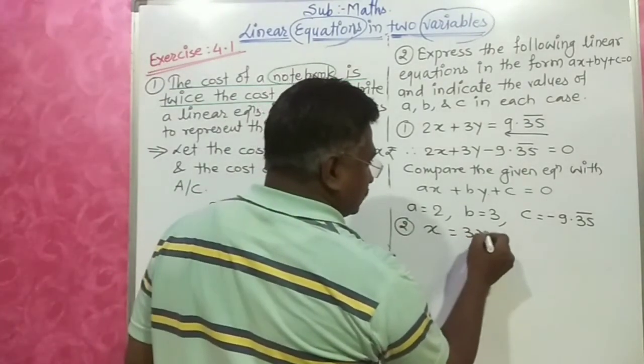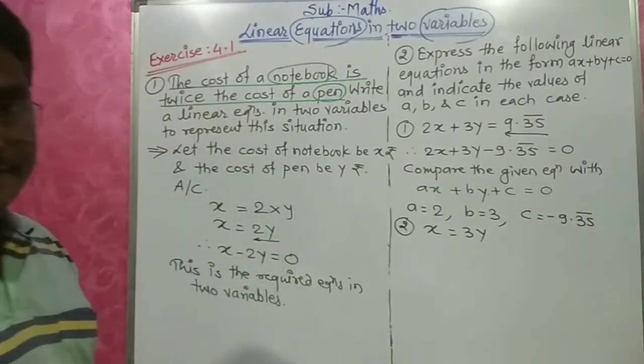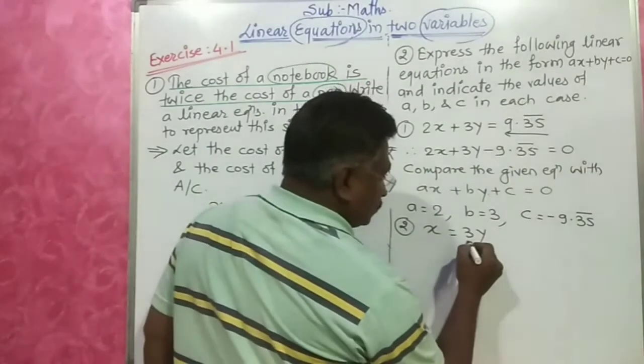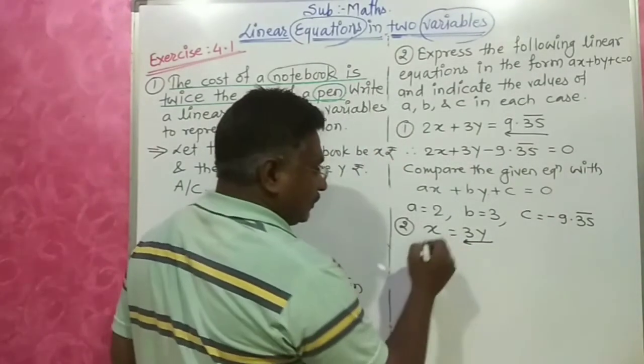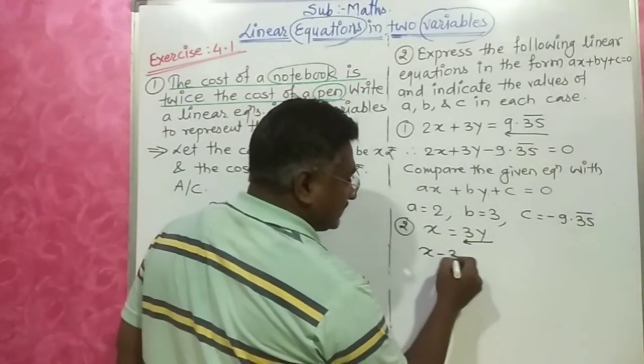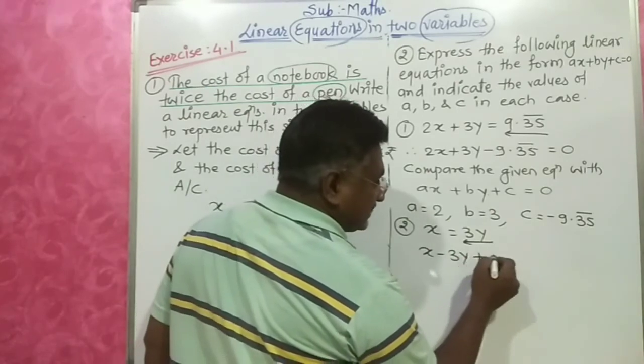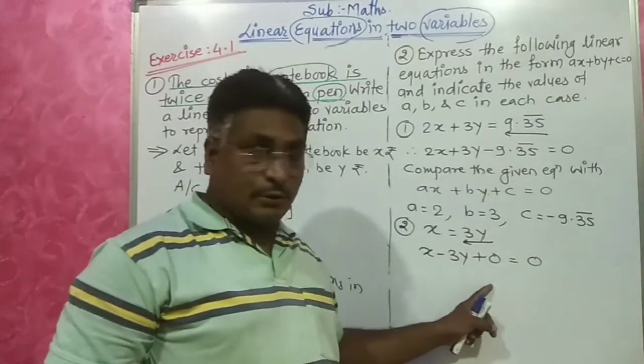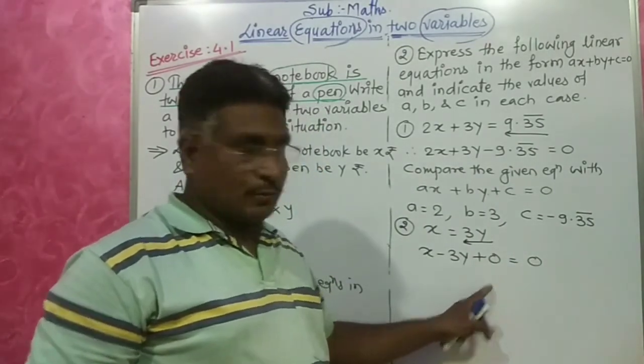X equals 3y. Like this it is given. So what has to be done? It has to be written in this form. So we have to transfer. So what will we get? X minus 3y plus 0 equals 0. Because the constant term is not there, so what has to be written? 0.